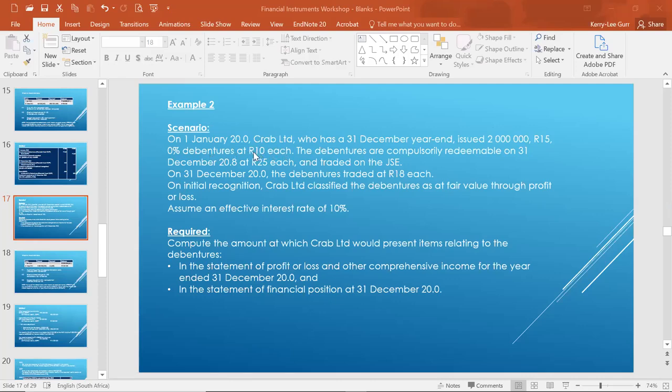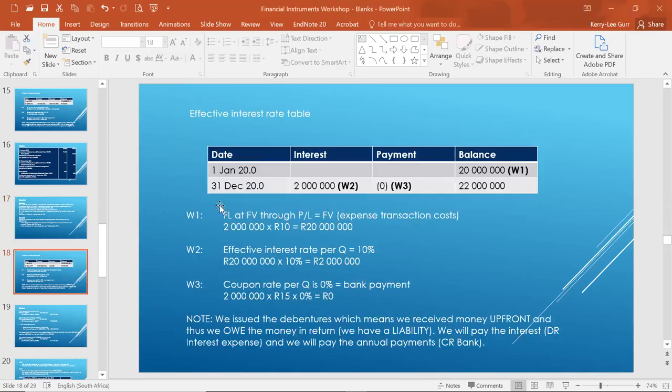So that means our fair value is 10 Rand each. And when we recognize our financial liability in our books, we have to use fair value. That's because that's what we physically received for this financial liability. Does that make sense?